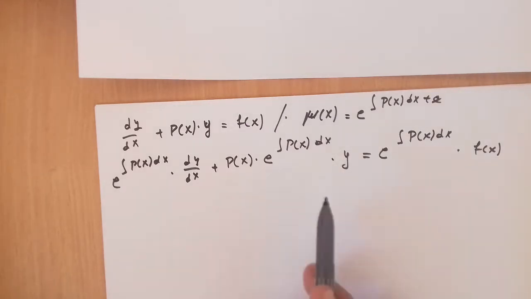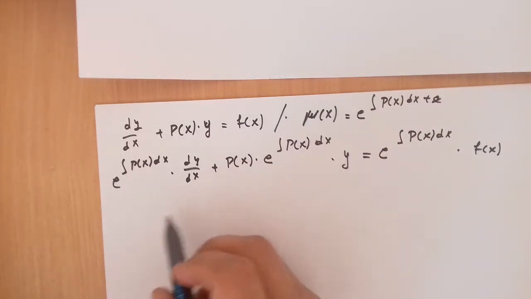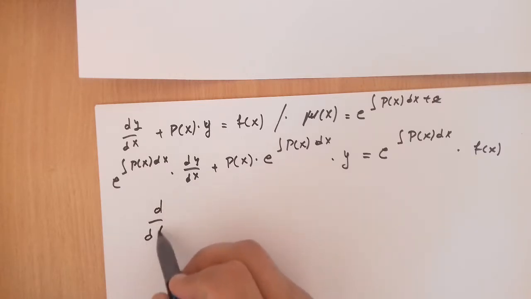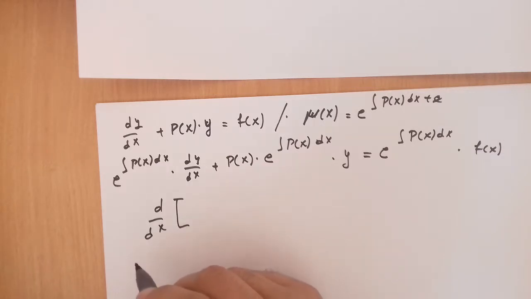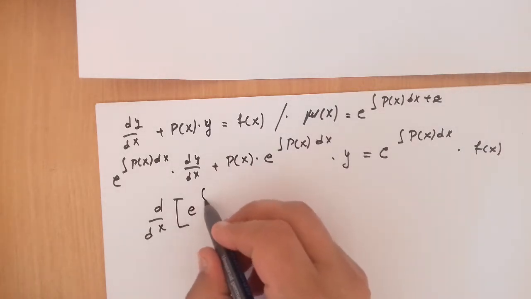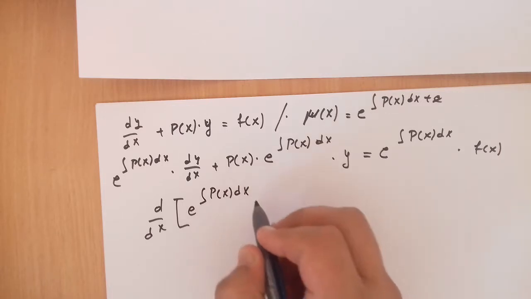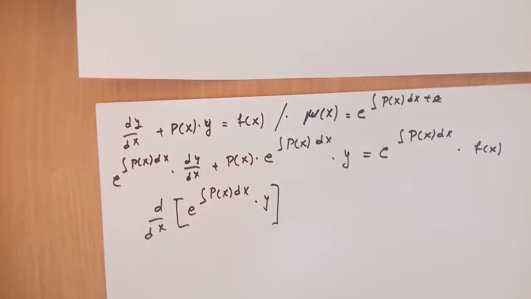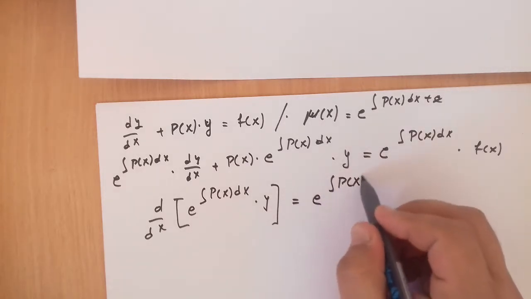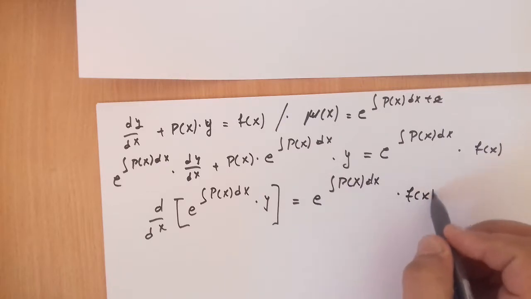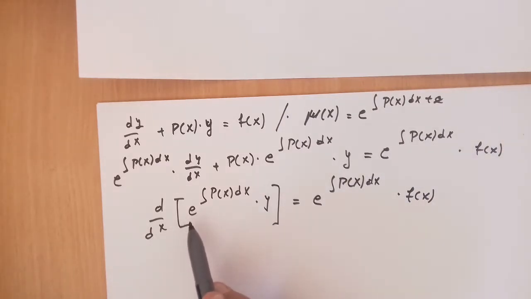So the left hand side we can write using the product rule. For example, d/dx of e to the power of integral p of x dx times y, which is equal to e to the integral of p of x dx times f of x. We know that the derivative of e to the power of integral p of x dx is p of x times itself, so we have it like this.